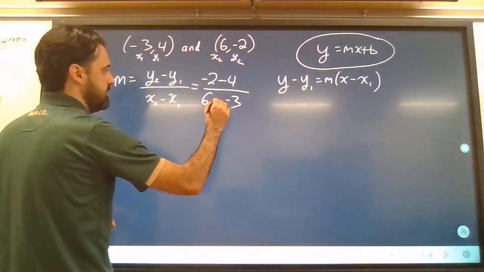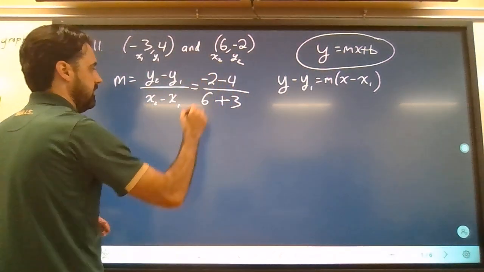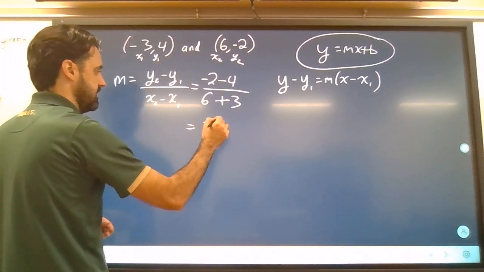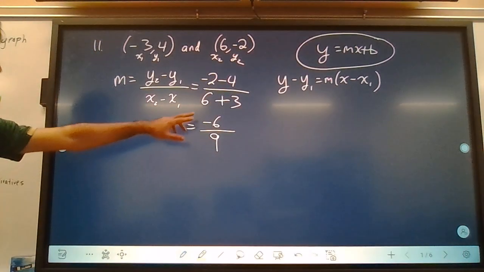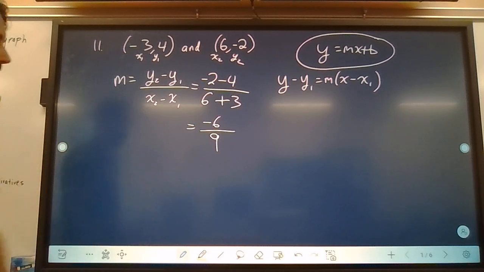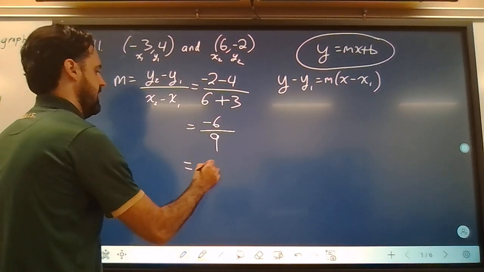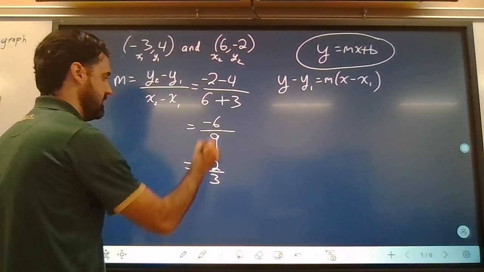Now, subtracting a negative turns into a plus. The numerator becomes -6. The denominator becomes 9. But this simplifies. They're both divisible by 3. And so we can actually write that as -2 over 3 if we divide them both by 3 here.